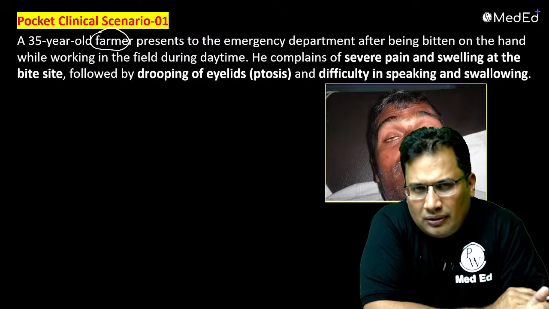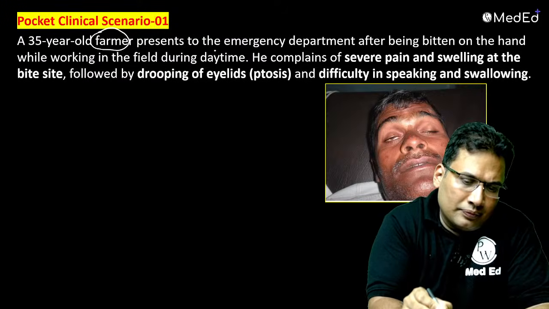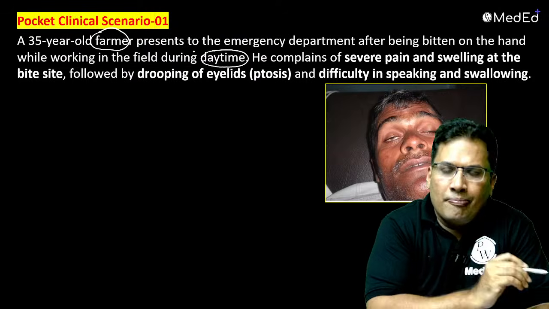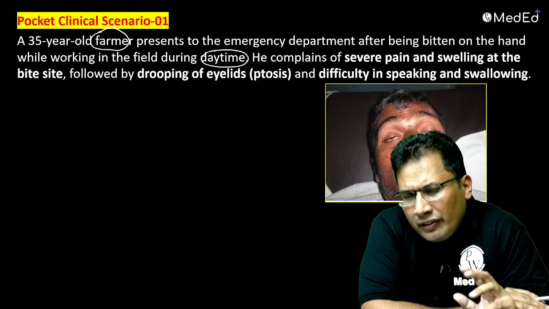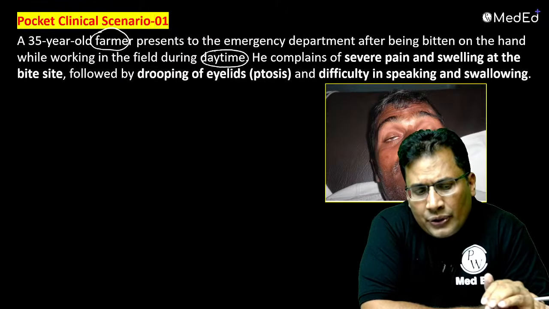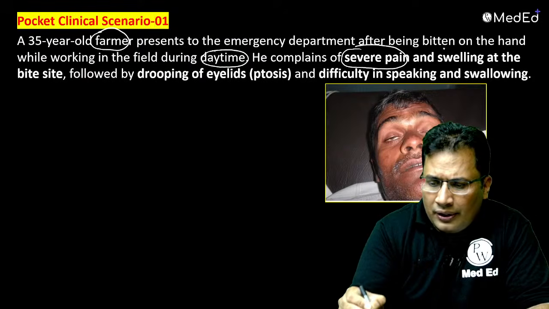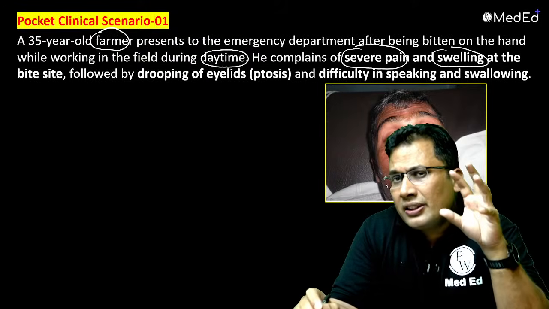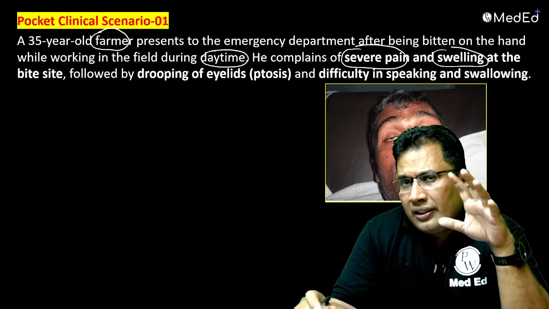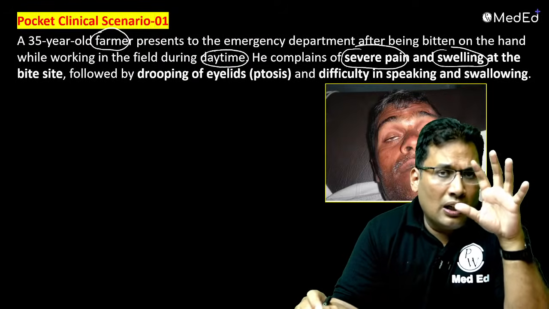Very common while working in the field during daytime. He complains of severe pain and swelling at the bite site. So try to understand, severe pain and swelling is a feature of venomous snake bite. Either it can be a viper or it can be common cobra or common krait.